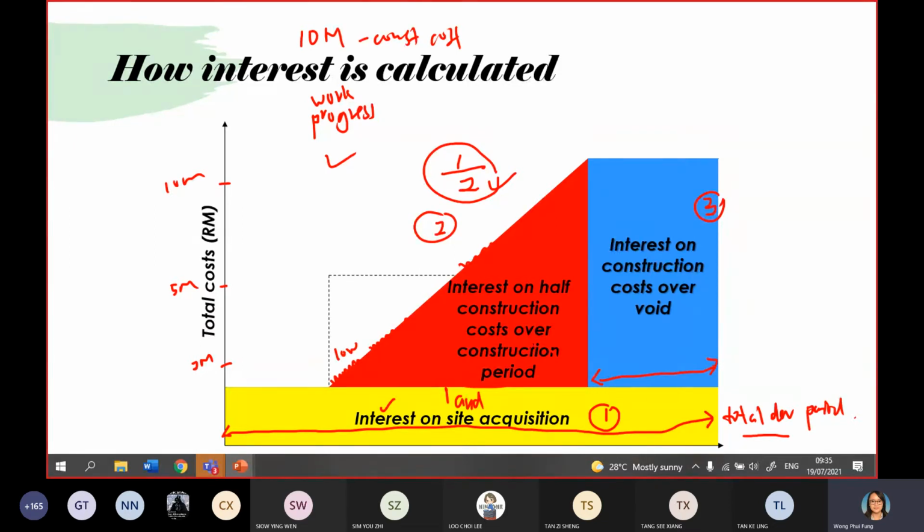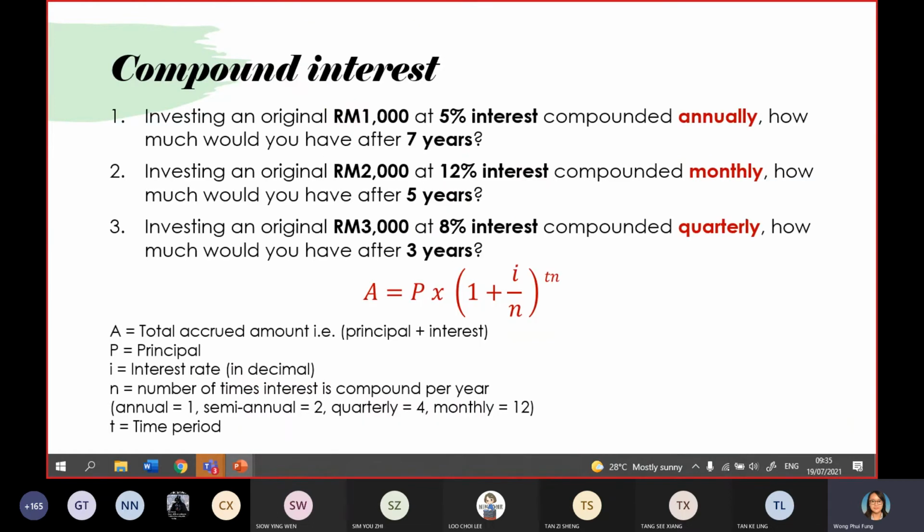Once you get this concept clear, another concept you need to be clear on is how we calculate compound interest. Interest can be compounded annually, monthly, or quarterly.